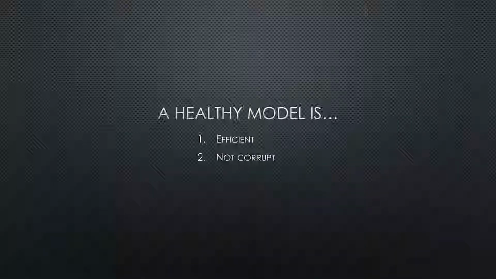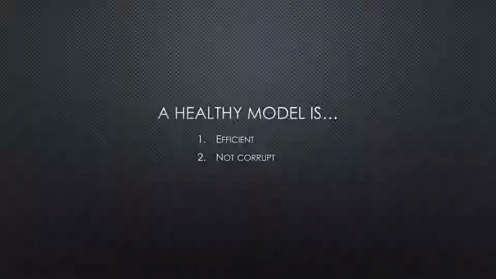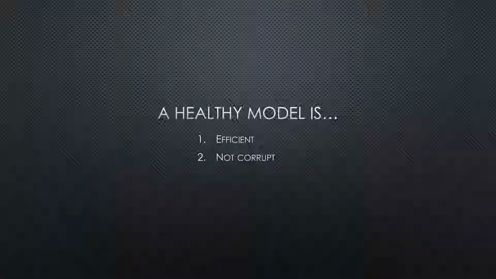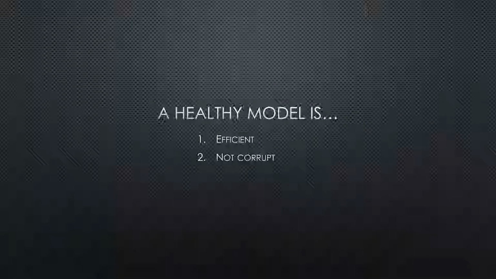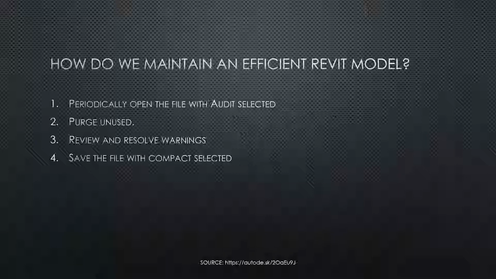Now, I realize this may be oversimplifying a bit, but I believe these are the goals to strive for when talking about a healthy Revit model. At least in the Revit world, these are what define a healthy model. So the questions we really should be asking ourselves are, how do we maintain efficiency, and how can we prevent corruption, or at least try to prevent corruption?